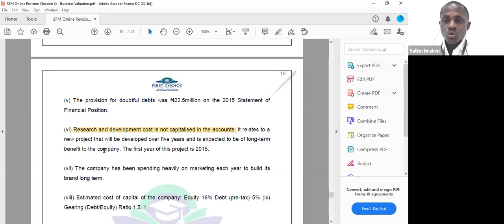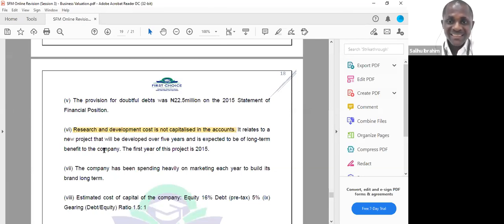EVA does not permit you to expense any form of research and development expenditure. And if you capitalize, you have to compute appropriate amortization on the capitalized expenditure and deduct it from both profit and capital employed.